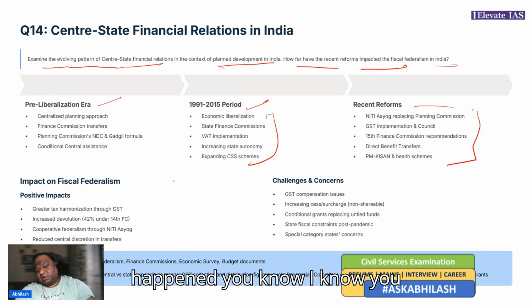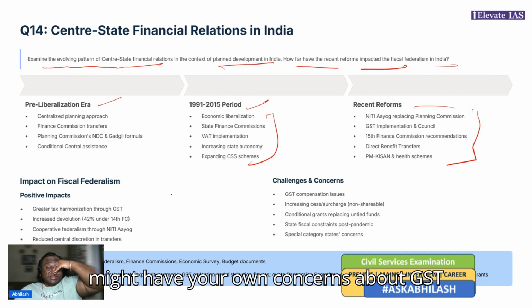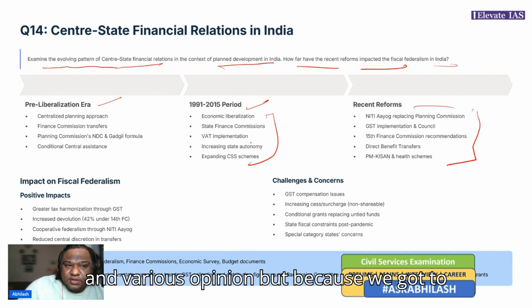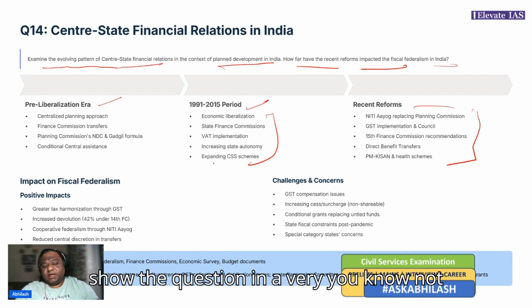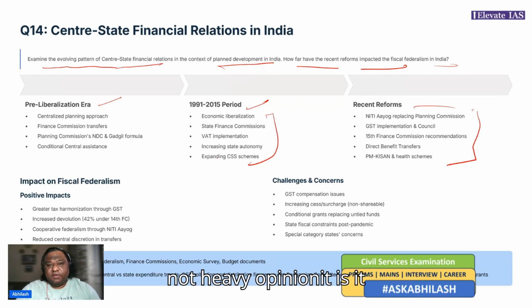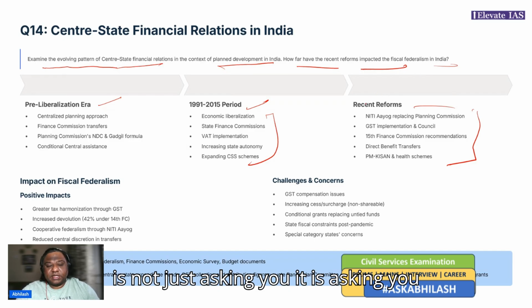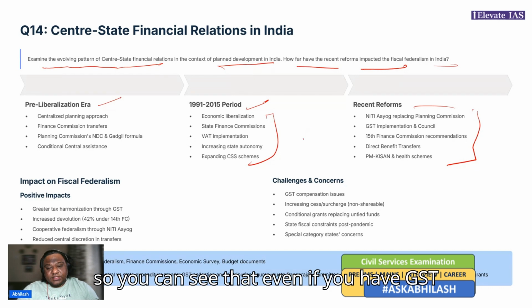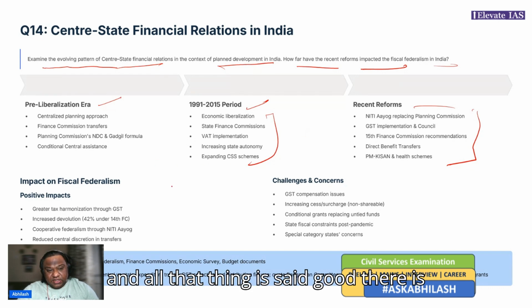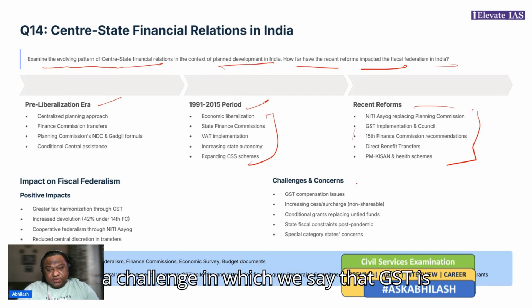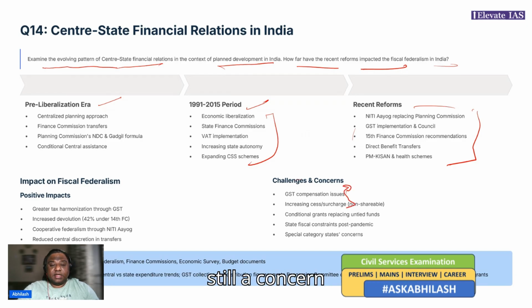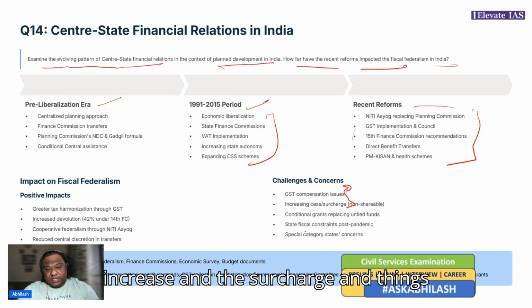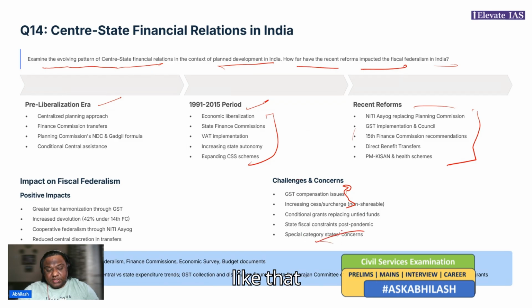I know you might have your own concerns and opinions about GST, but the question is not asking for a heavy opinion; it is asking you to answer with some proof of concept. So even if GST is said to be good, there is a challenge in which we say that GST is still a concern: the increase, the surcharge and things like that, special category status. So you can talk about this.